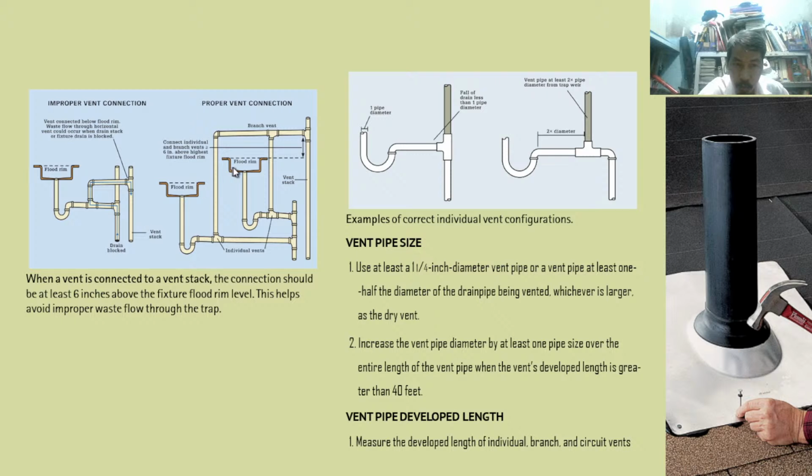There are two fixtures, lavatory and kitchen sink, and the branch bend is connected 6 inches above the highest flood rim level. So this is the highest flood rim level. This is not the highest flood rim level. This one is. So this is the correct or proper bend connection.